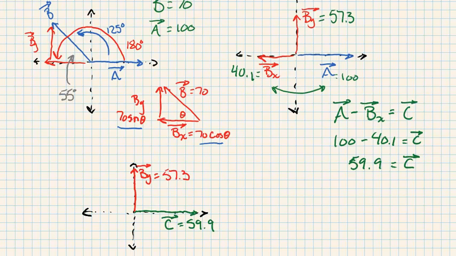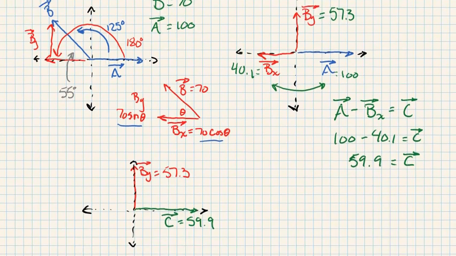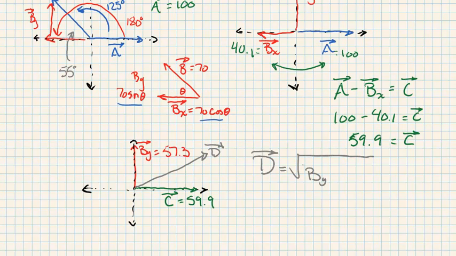So now we can go ahead and use rule number 2 to combine these two into one independent vector, and I suppose we'll have to call that vector D. Run out of vector names here. Vector D, where vector D is going to equal the square root of By squared plus C squared.